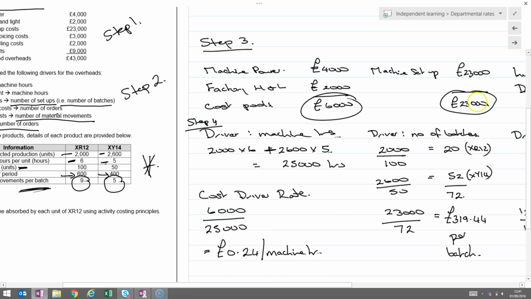If you recall, we've worked this out. XR12, number of batches, 20. So 319.44 times 20.